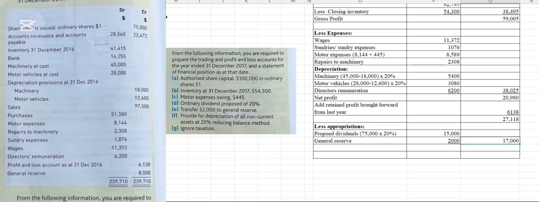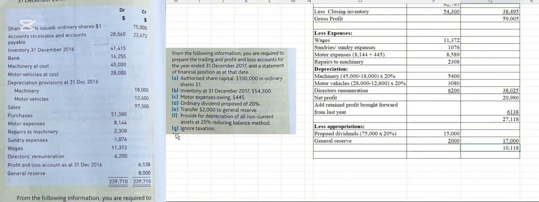We're lessing these appropriations from the 27,118, and then we are going to arrive at 10,118.